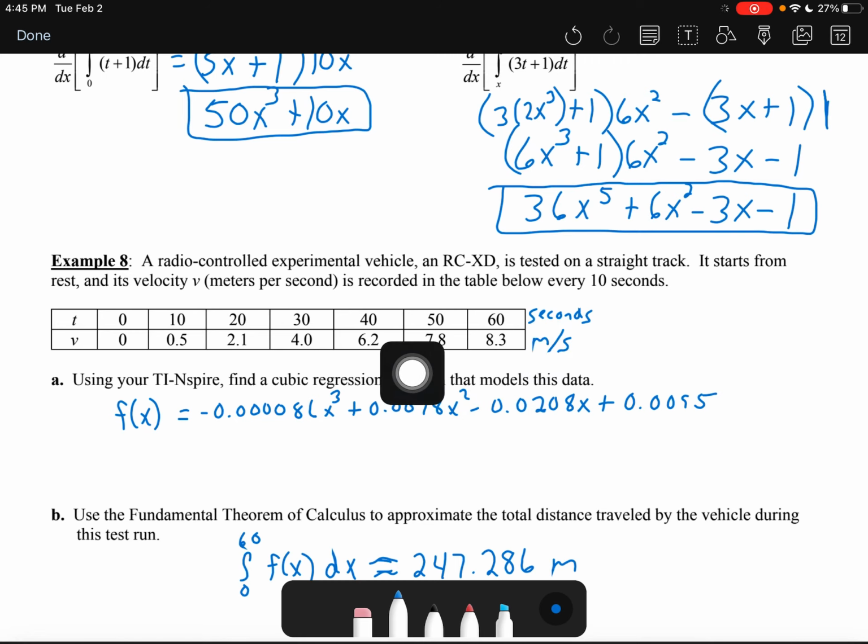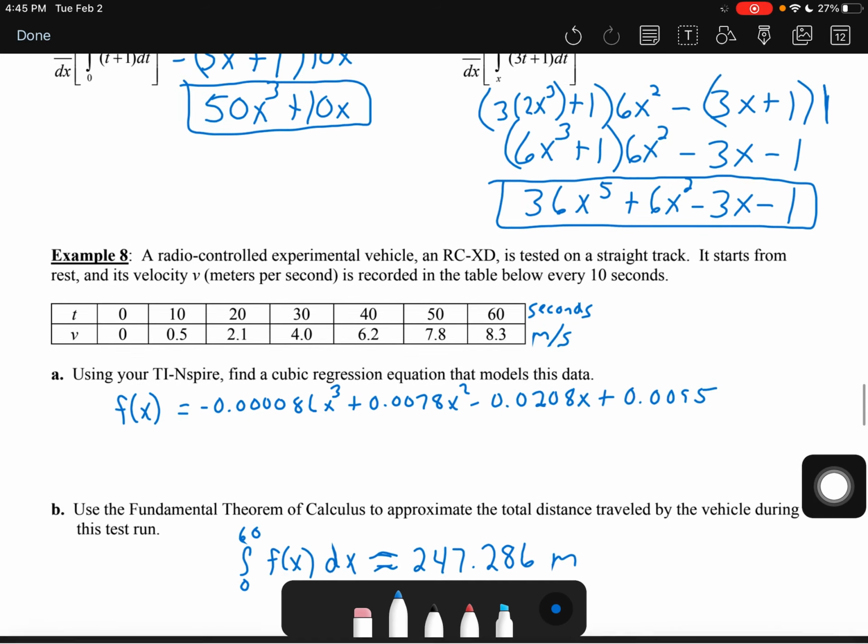And if they asked you to use cubic regression, you could do a cubic regression and it would spit out these numbers. Now, I just left this written out because I'll talk about this problem, but I don't see this as a problem that you're going to get on an AP exam. And plus these numbers are such small decimals and kind of weird to work with.